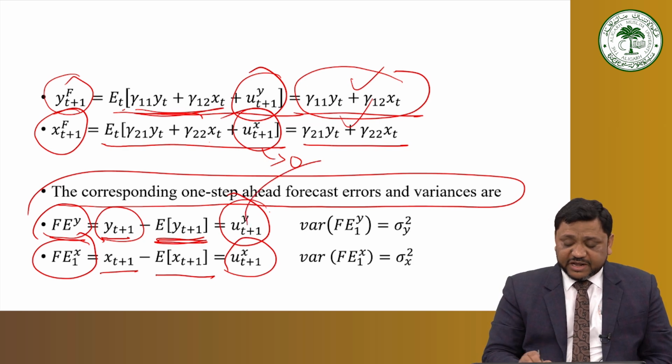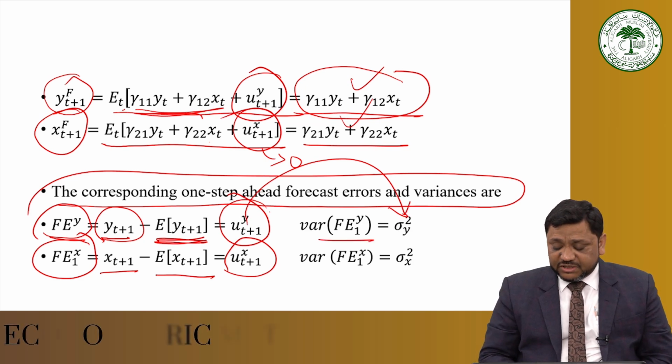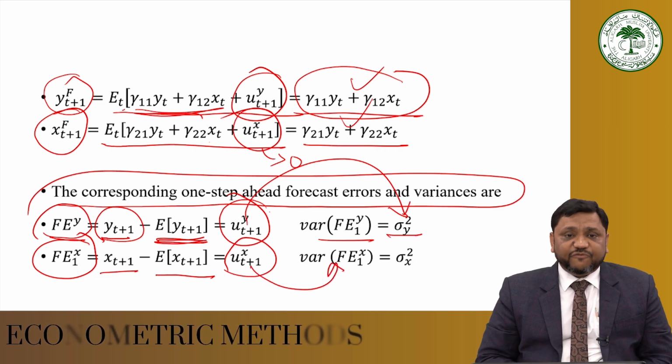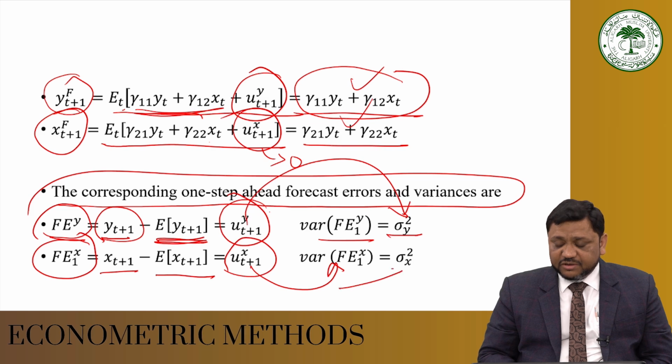From this you can derive the variance of the forecast error for y is nothing but sigma square y, and the variance of the forecast error for x is nothing but sigma square x.